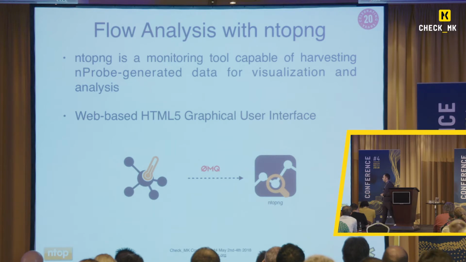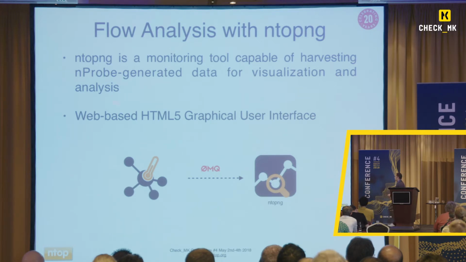So again, ntopng is a monitoring tool capable of receiving the traffic from nprobe and visualizing it through a web-based GUI. So you just access your browser, you point it to the ntopng port, and you see the results of the monitoring.